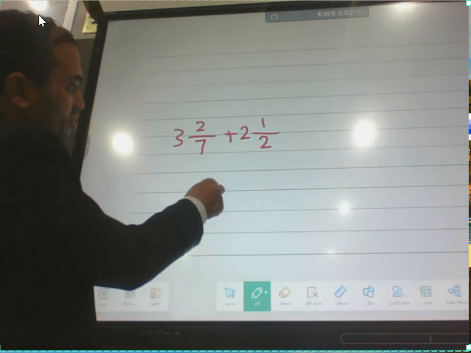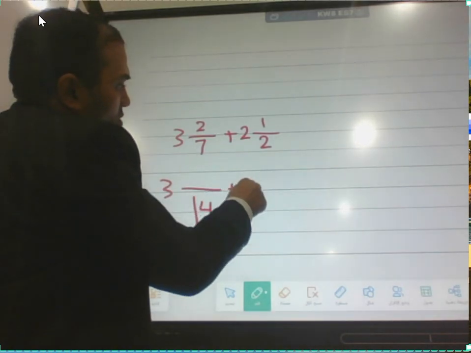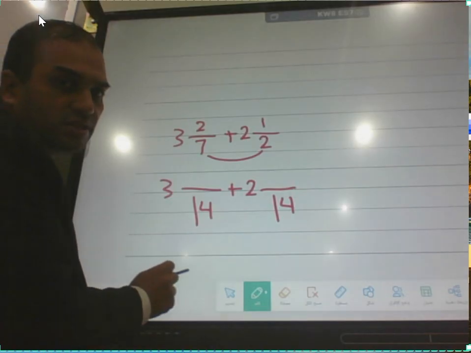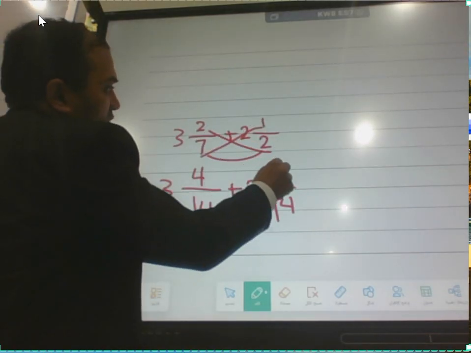Write 14 down in the denominator and then 3. 2 times 7 is 14, and then 2 times 2 equals 4. Now 7 times 1 equals 7.